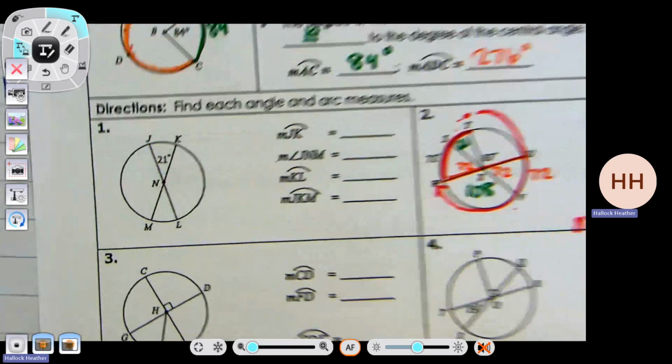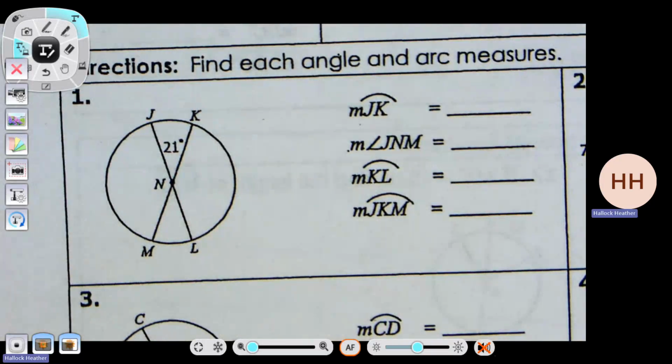So we're doing number 1. So move 21, where else can it go? It's the piece of pie. The last one is wrong.